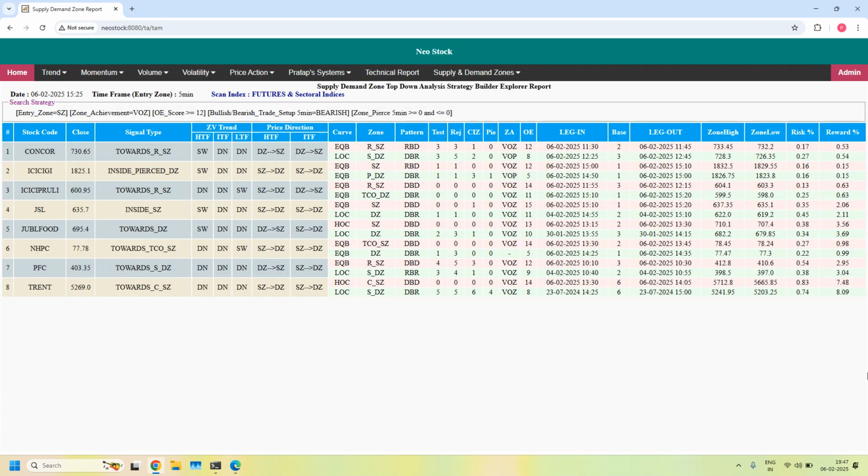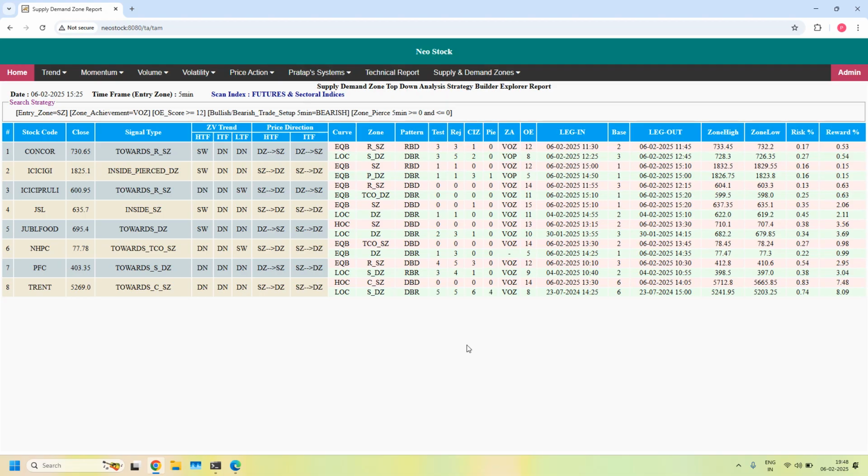We got 8 stocks. So these 8 stocks are supporting bearish trade setup for hourly income trade. And the entry time frame is 5 minute supply zones. Some of these 5 minute supply zones are high liquidity zones.